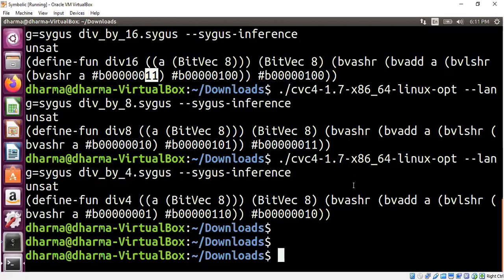The difference is basically in the constant values that we use for the shift. Other than that, there is no difference between the expressions. It's the same structure. So it's really amazing that the program synthesizer came up with expressions for division by 4, 8, 16 in a consistent way.